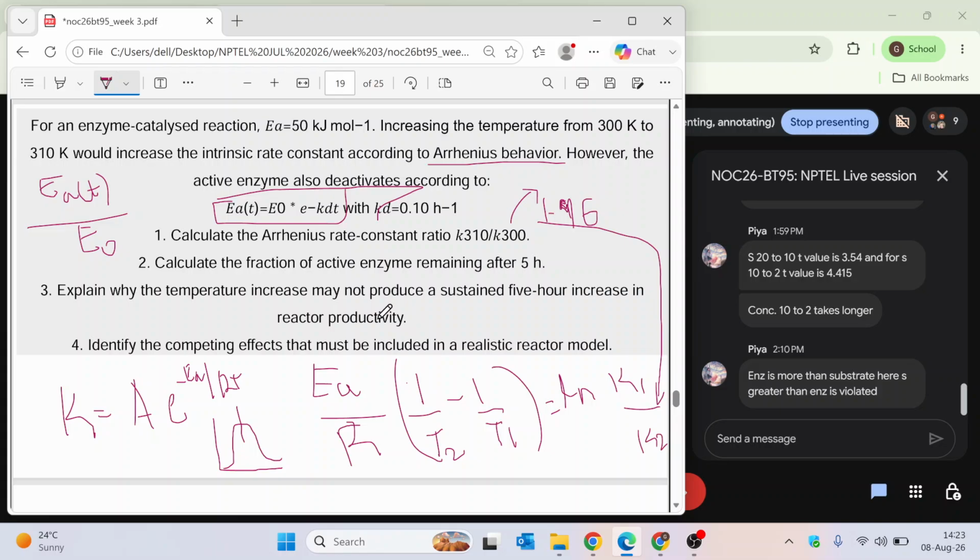You have to consider your substrate mass balance. You have to consider what kind of inhibitions can happen. Most importantly, the thermodynamics is going to play a great role here. All these factors and constants when you bring in, then you can build a realistic model. You can just improvise on the given model.